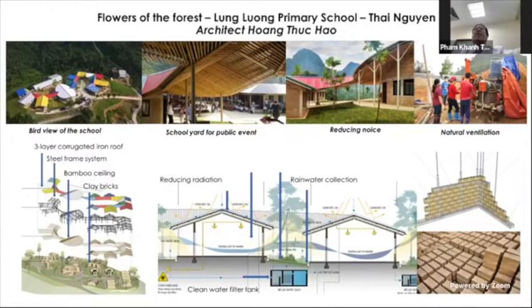This is locally built with a wall system made of bricks produced on site with a soil compressor, with the participation of local people who joined to build it. The materials include bamboo for the ceiling, a three-layer corrugated iron roof, and a simple steel frame system.